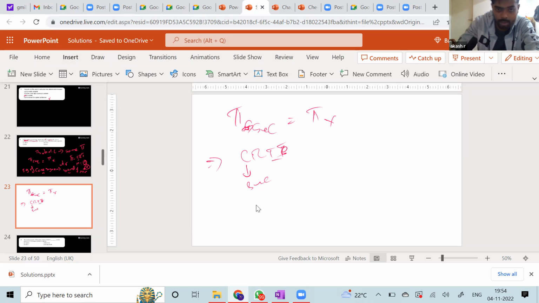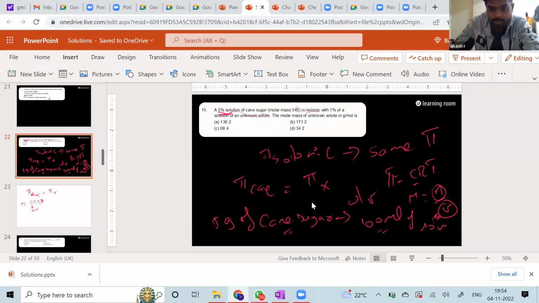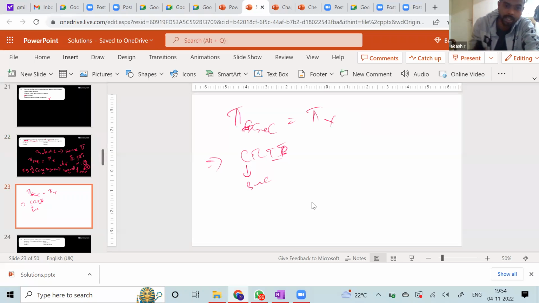Temperature is the same because nothing is given about the temperature, so we'll take the temperature to be constant. So this is sucrose, same, that is equal to C of X into R into the same temperature. Now directly I can cancel these RTs. So the only thing remaining is the concentration of sucrose is equal to the concentration of X.